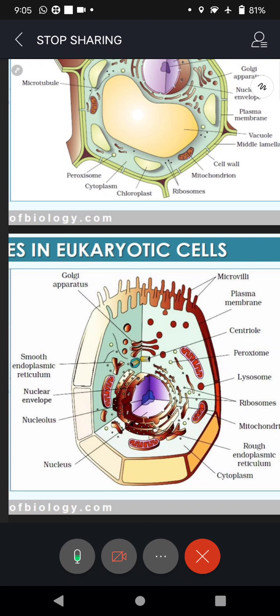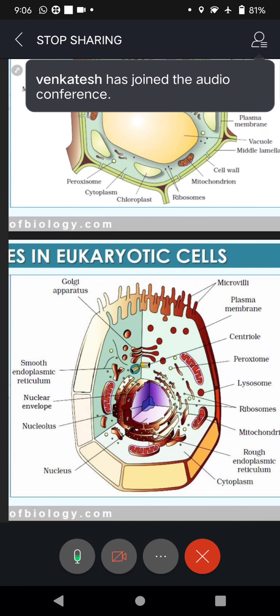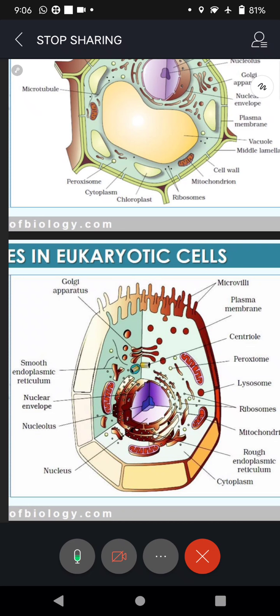Okay, centriole. Okay, you can label any one of the small round structures as vacuole. And the third one, in case of plant cell, draw one or two big sized vacuoles. Don't draw many. Whereas in animal cell, you can draw small sized round structures, many in number. So these are the basic things that you can draw.